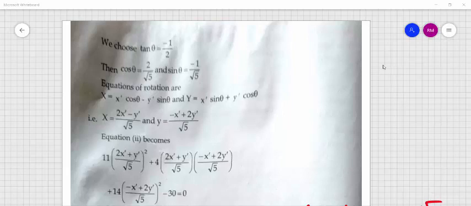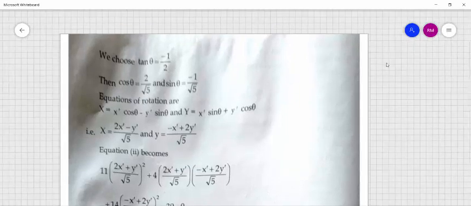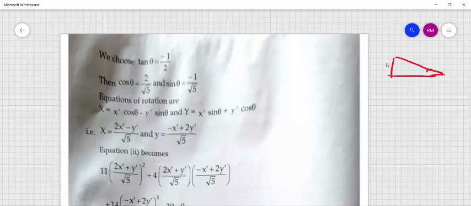Because suppose this is the triangle ABC, this is angle theta, and suppose this side has magnitude 1 and this side has magnitude 2. Tan theta is equal to AC upon AB.